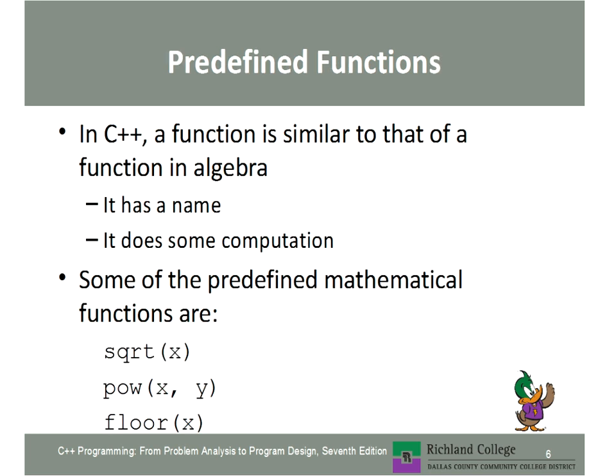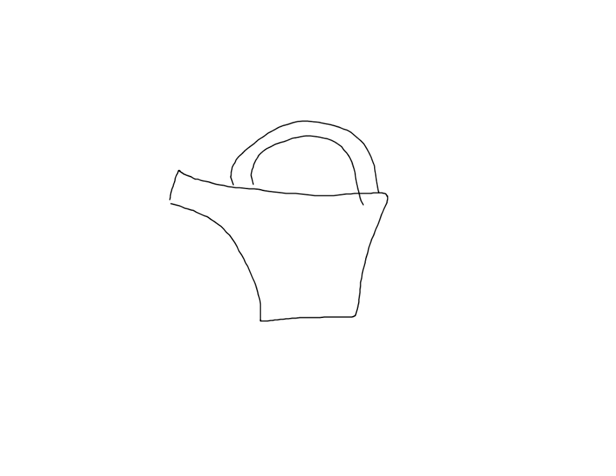So when we're talking about predefined functions, the main thing that we need to understand is that predefined functions have a name and they do something. And as they do something, they're going to return something else to us. So what I like to think of when it comes to functions is a watering can, okay, and something goes into the watering can.